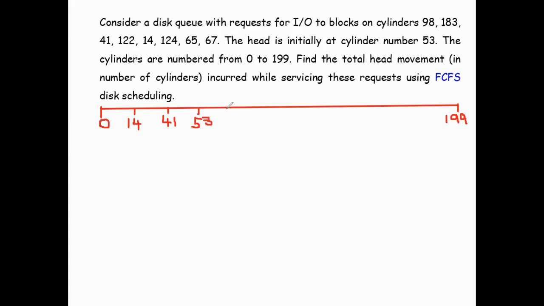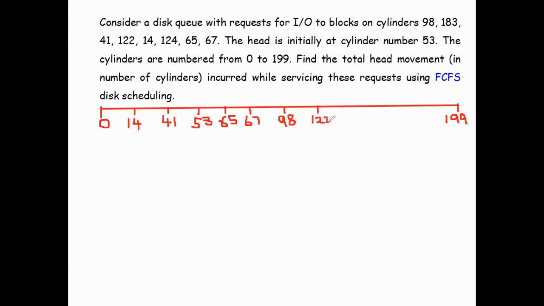After 53, 65 is represented. Then 67 is represented. After 67, 98 is represented. After 98, 122 is represented. After 122, 124 is represented.